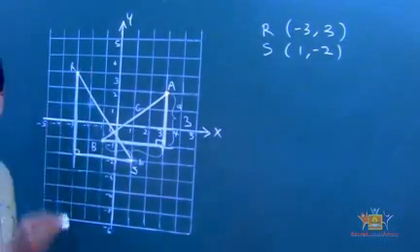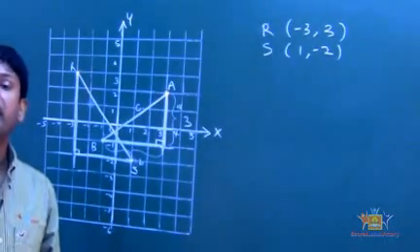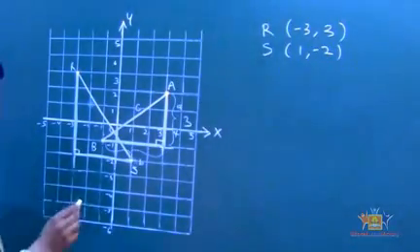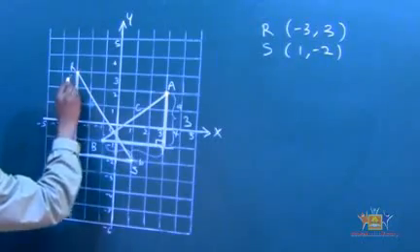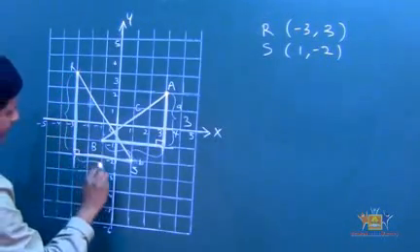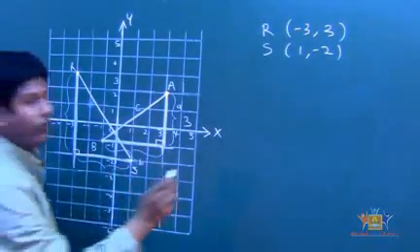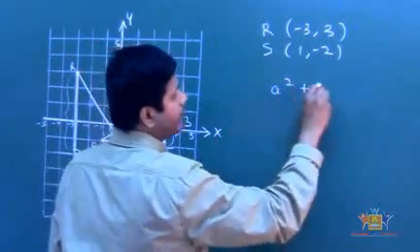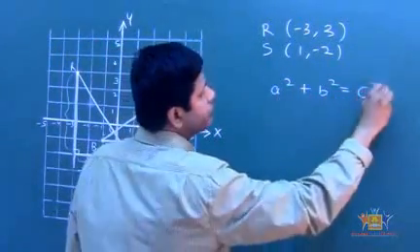When it makes a right-angled triangle, that fulfills the Pythagoras theorem. So I can find the length of this and the length of that and use the formula A squared plus B squared equals C squared.